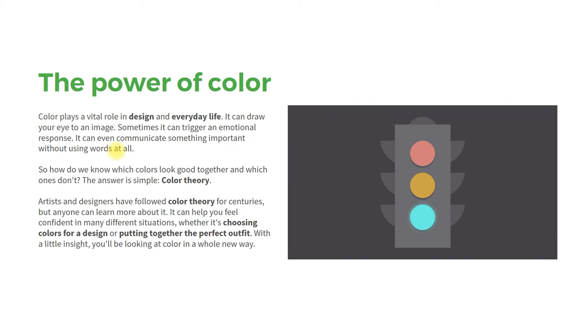Now, artists and designers have followed color theory for centuries, but anyone can learn more about it. It can help you feel confident in many different situations, whether it's choosing colors for design or putting together the perfect outfit. With a little insight, you'll be looking at color in an entirely new way. So color theory has been perfected over the centuries.